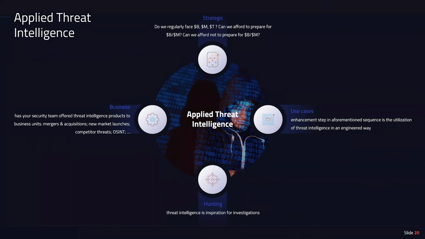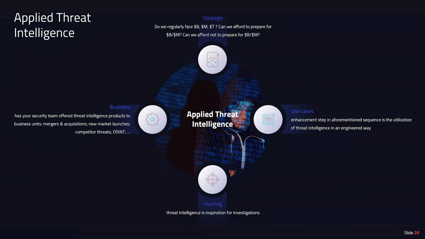We can use threat intelligence in order to drive enhancement in our use cases. Once we've decided there's a thing that we really need to detect, we can then go seek threat intelligence which is relevant to the specific use case. And in our enhancement action, we can look for additional decision-making and differentiation opportunities for the analyst.